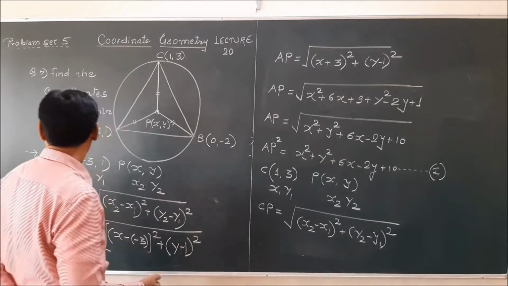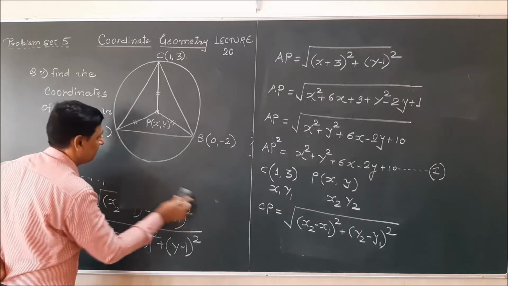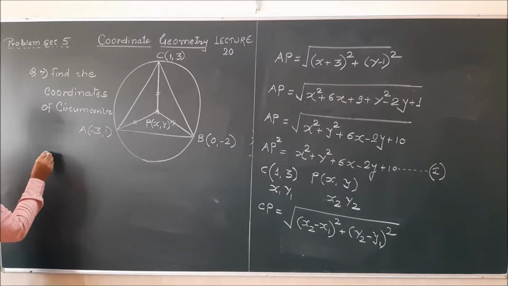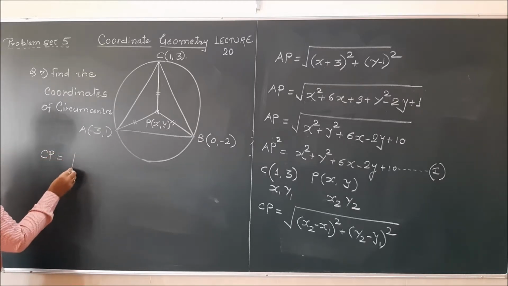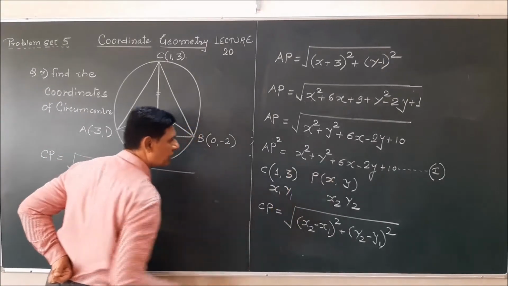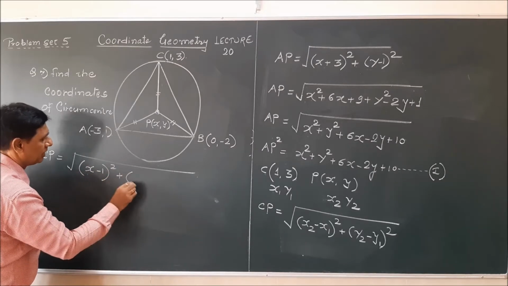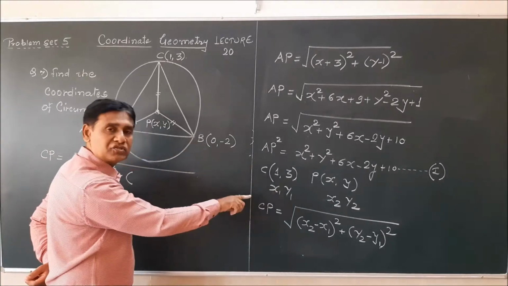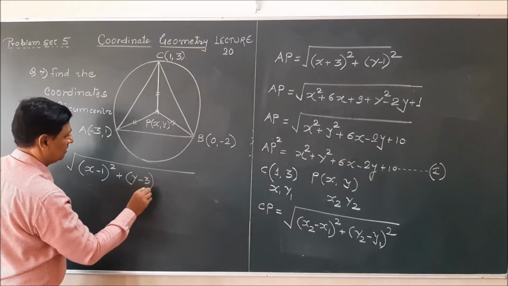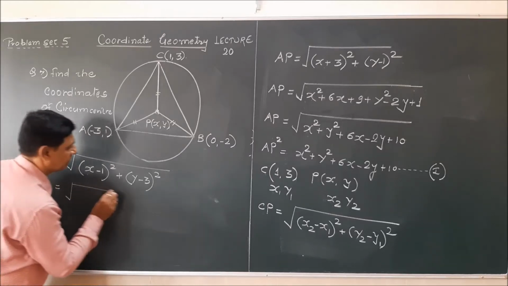So the value of CP is equal to the root of x minus 1 the whole square plus y minus 3 the whole square.